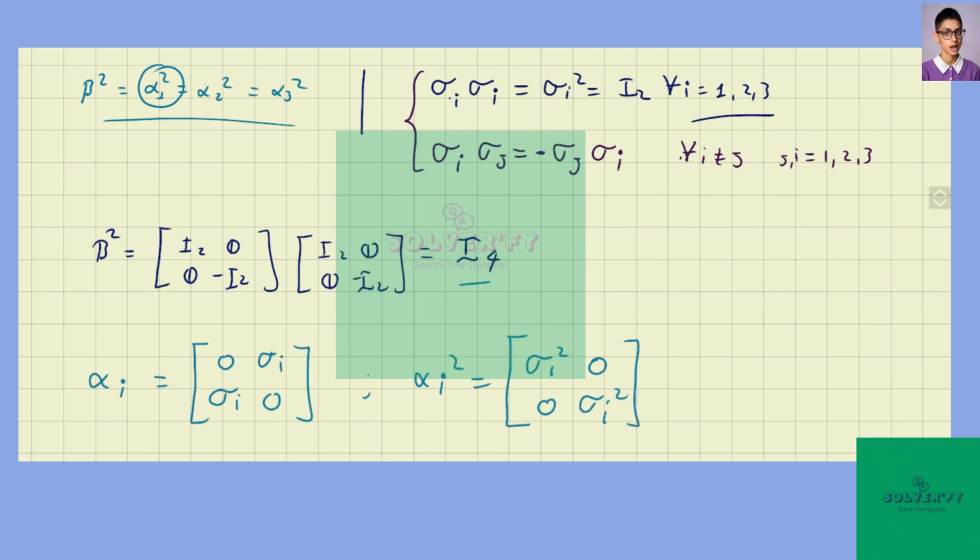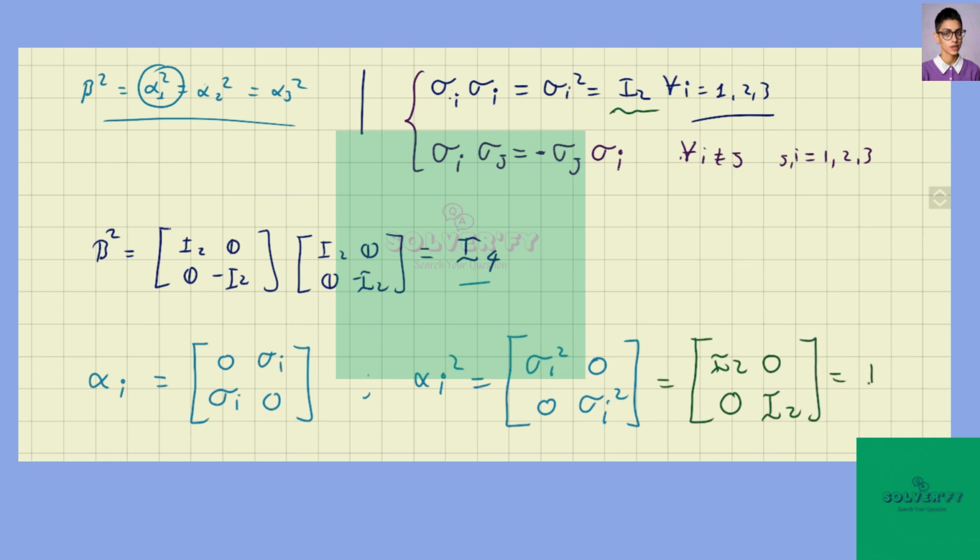And we know that these Pauli matrices, if we take the square, return the identity matrix 2 by 2. So this results in the identity matrix 2 by 2, 0, 0, the identity matrix 2 by 2.